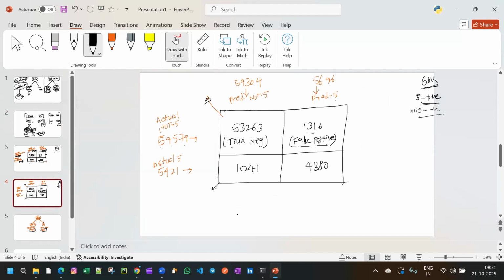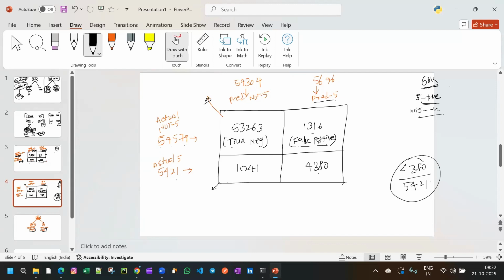Okay, sorry. Out of these actual 5,421 images present in my training set, my model predicted 4,380 images as 5.